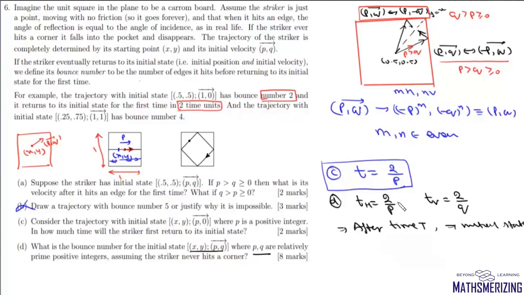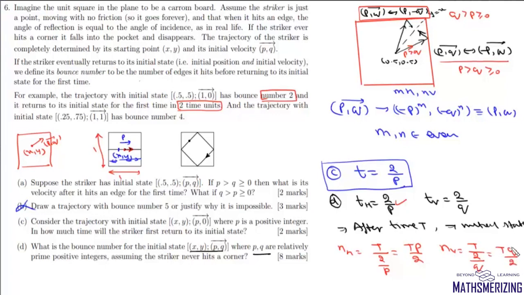Now the time taken to complete one horizontal journey is 2 upon p. So the number of horizontal trips in time t will be given by t upon (2 upon p), which will simply be tp upon 2, and the number of vertical journeys will be given by t upon (2 upon q). So it will be simply tq upon 2.